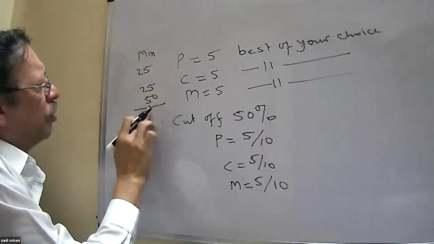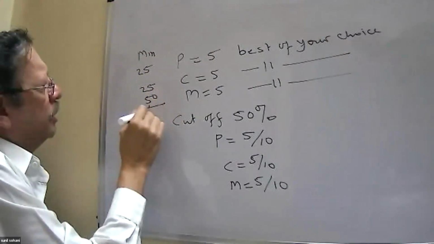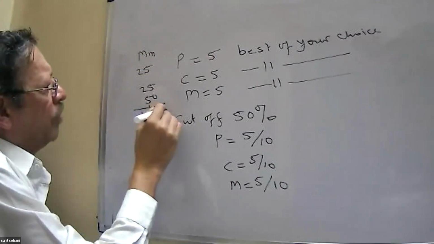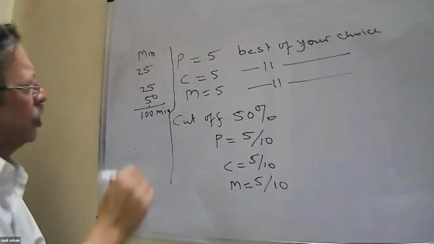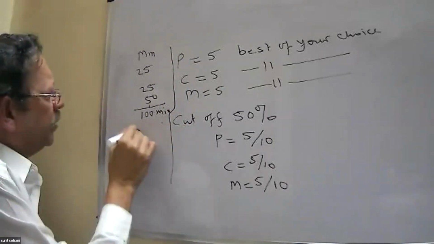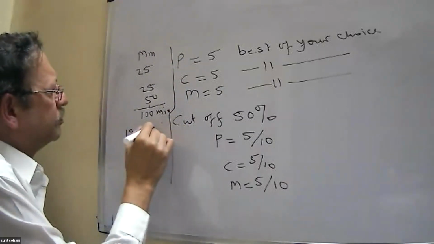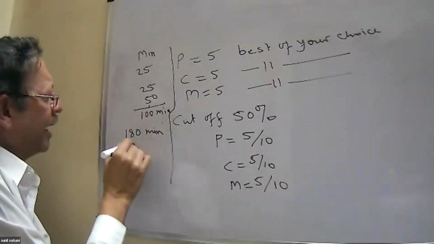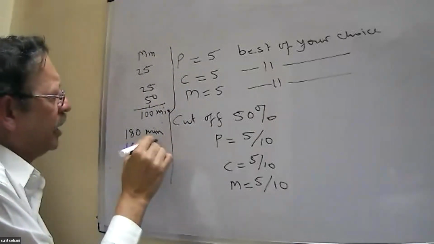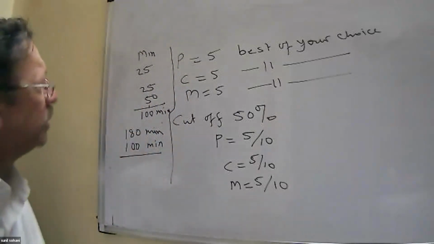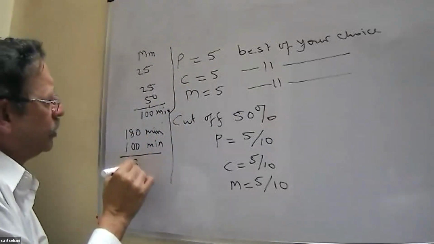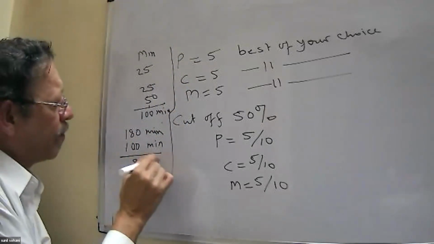So you have done work of 100 minutes in doing 5 questions of each subject. You have a total time frame of 180 minutes. You have already spent 100 minutes. I am assuming maybe you will take less time, you should not take more than this. So then you are left with 80 minutes for doing something more.